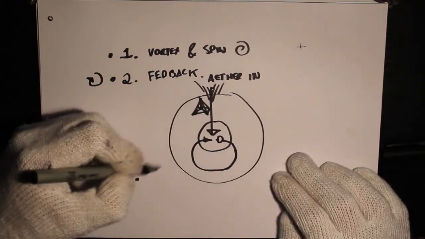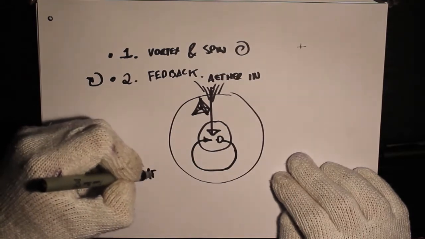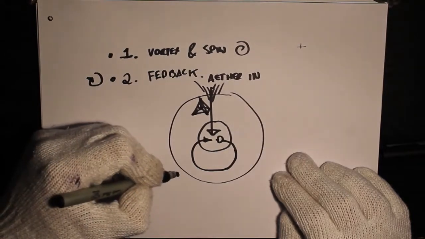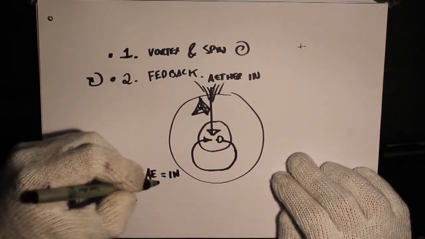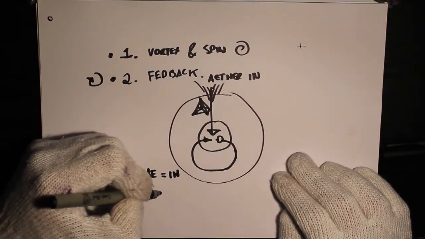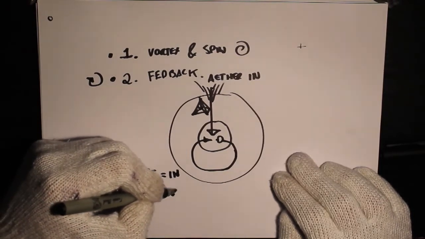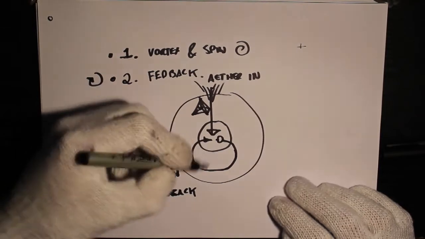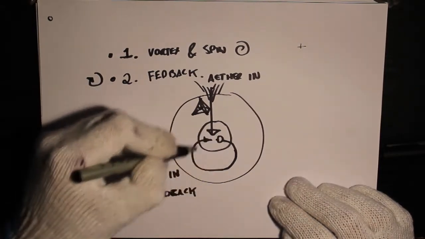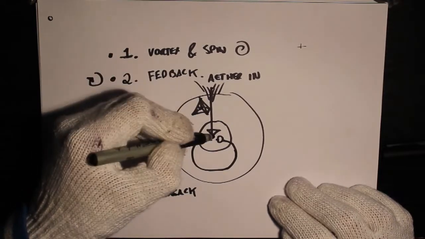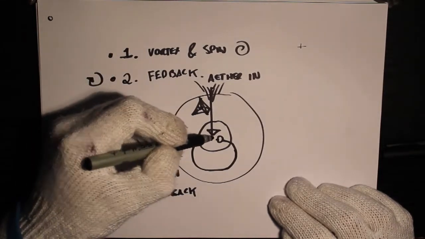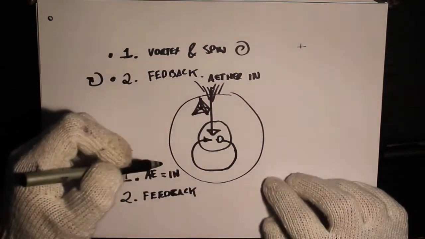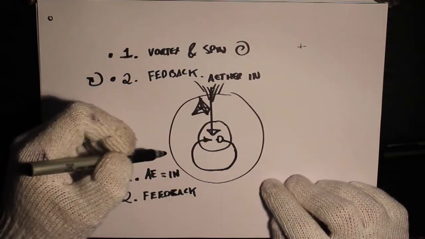Number one is the energy is coming in to the system, and two, it's feeding back on itself. So what that means is, if you're not losing energy out of this circuit here, and the energy is being pumped in, the only thing it can possibly do is accumulate more and more and more energy. Builds up, basically. Haven't drawn it very well.